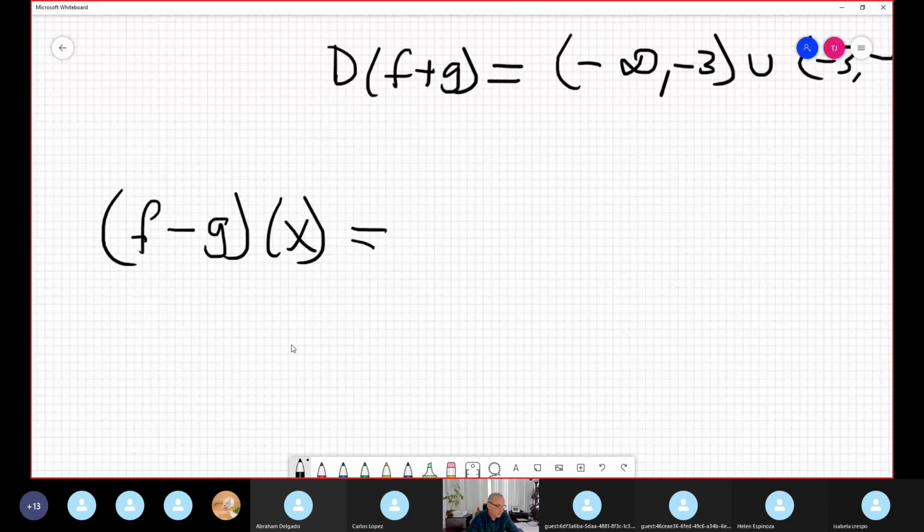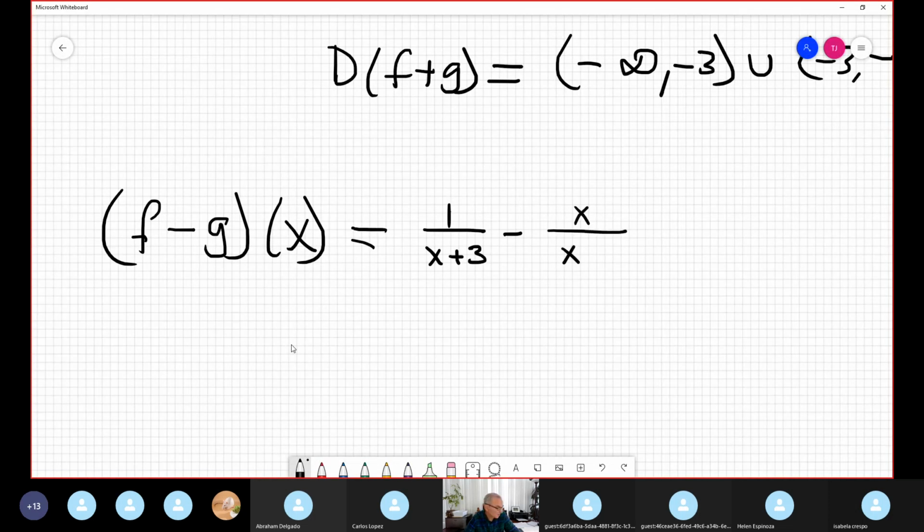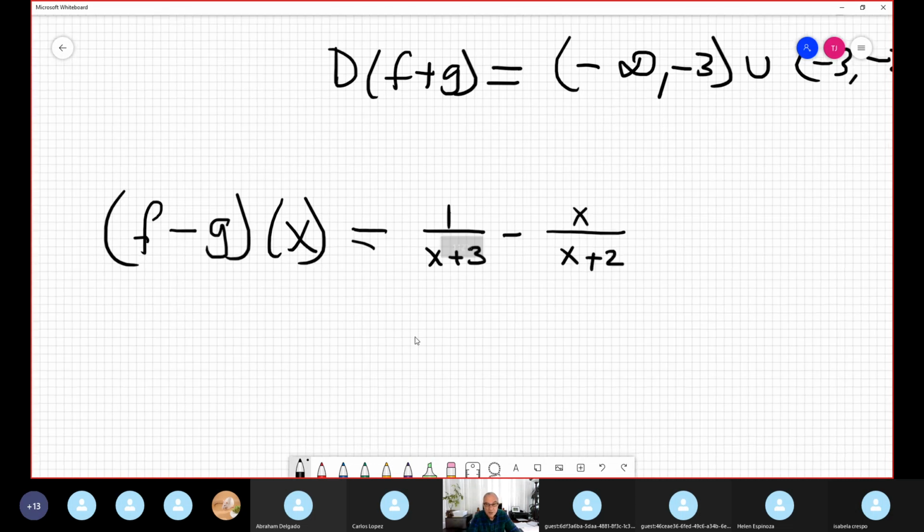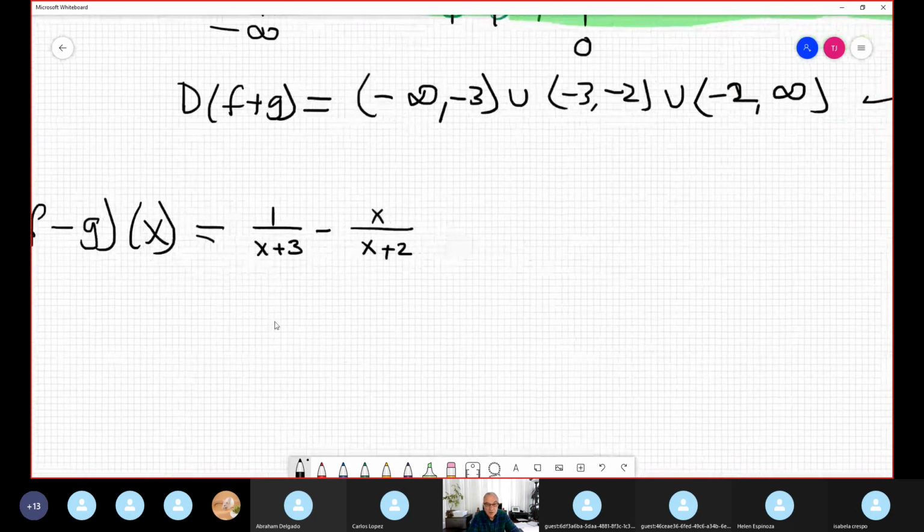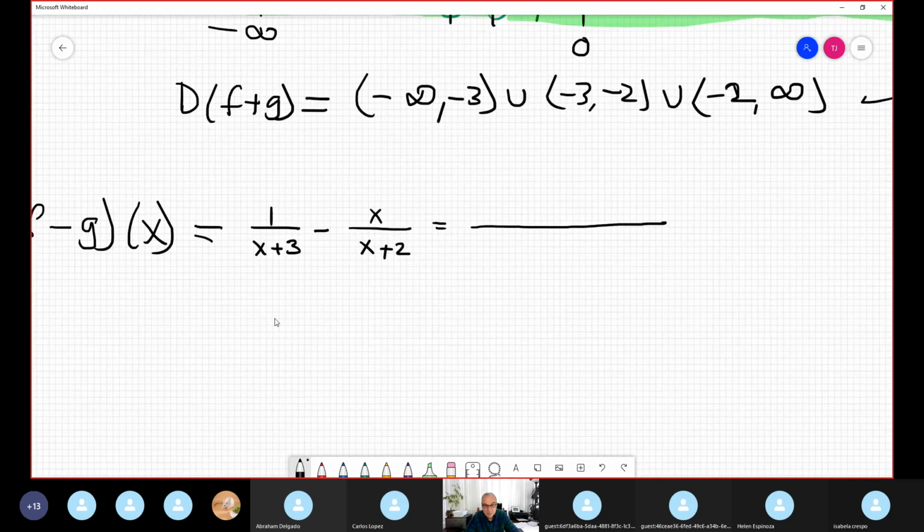Subtraction is 1 over x plus 3 minus x over x plus 2. So now, for finding the new expression, similar procedure, LCD: x plus 3 times x plus 2. The numerator is x plus 2 minus x times x plus 3.